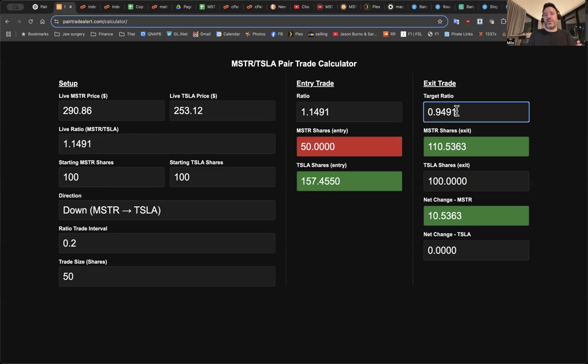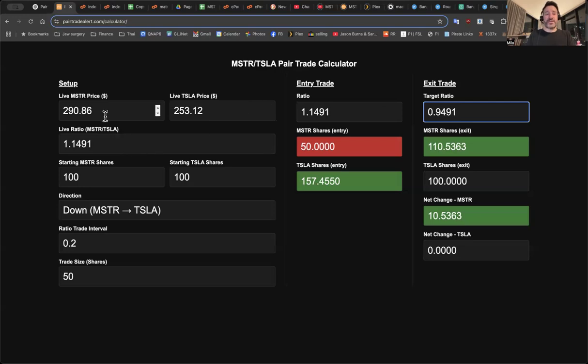So that could be anything from like 600 for MicroStrategy, 500 Tesla, or it could be anything. So it's impossible to actually calculate the dollar size. So that's kind of an issue with this calculator, or it's just an issue of basically maths.